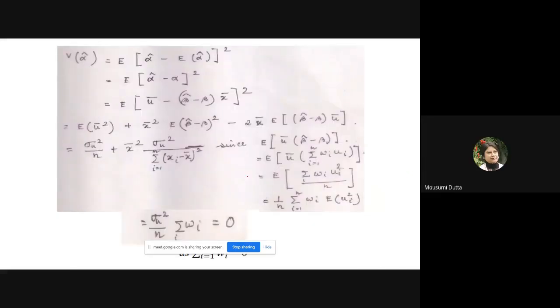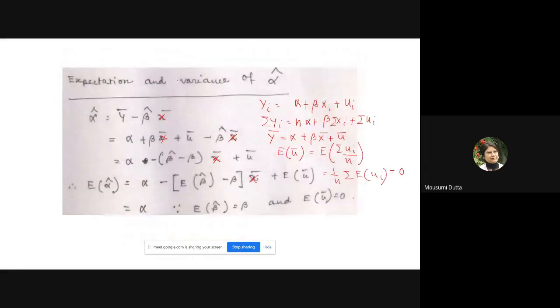So variance of alpha hat, the standard formula will be expectation of alpha hat minus expectation of alpha hat, whole square. Now, expectation of alpha hat is equal to alpha because already we proved alpha hat OLS is an unbiased estimator of alpha. So it is alpha. Now I am replacing alpha hat minus alpha in terms of the variables of the model.